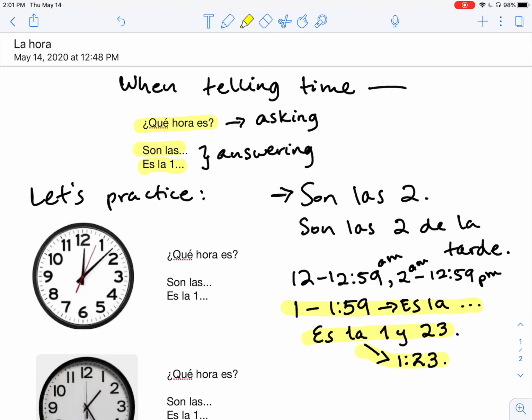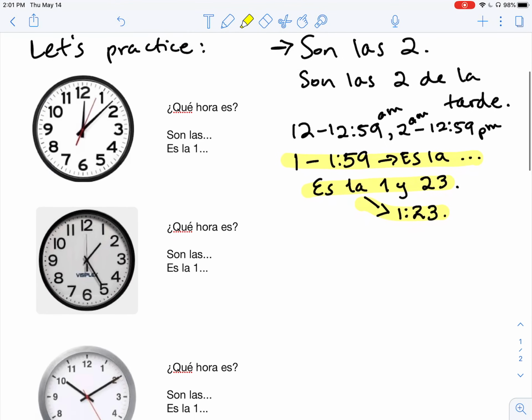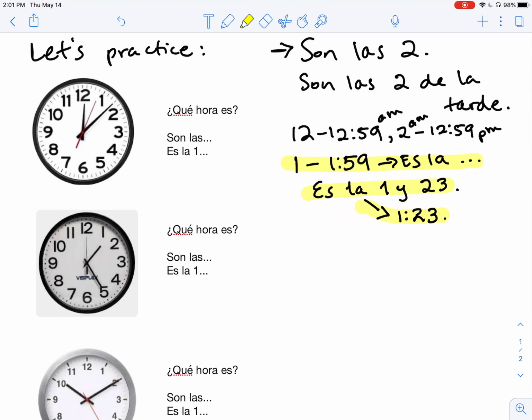So, telling time, son las. Let's take a look at this clock over here, the first one on the left. ¿Qué hora es? We see 12 o'clock right here.